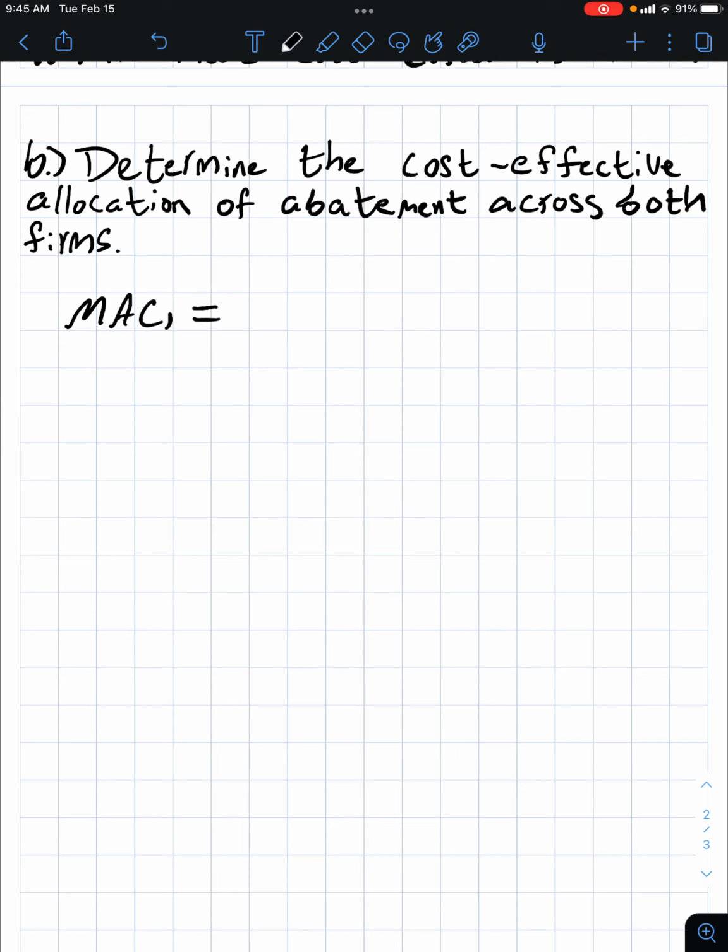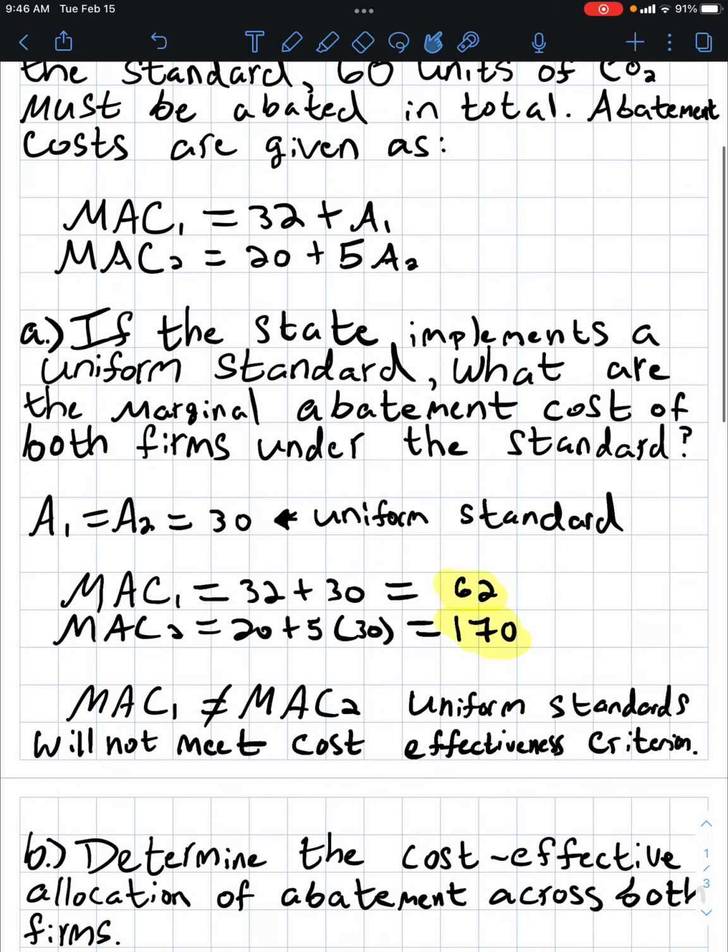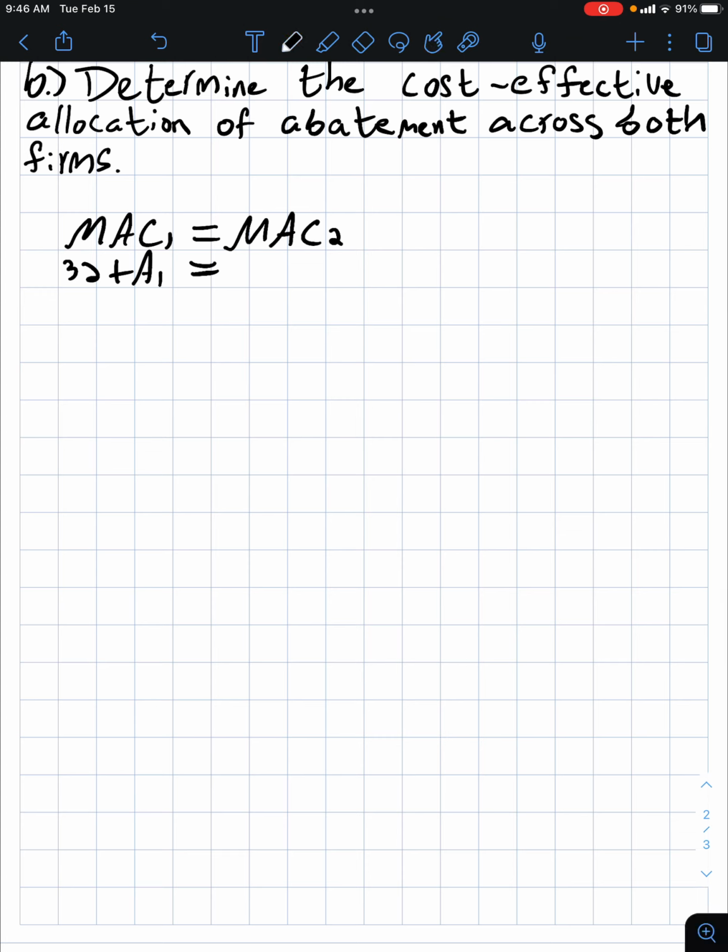So to do this, we need to set marginal abatement cost of 1 equal to marginal abatement cost of 2. So we get 32 plus A1 is equal to 20 plus 5A2. And now we need to solve for either A1 or A2.